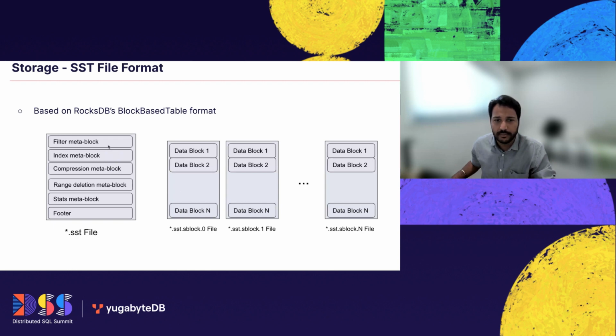You have a filter meta block, which holds your filter data. You have an index meta block, which is an index to all the entries in the data. You have a compression meta block, which holds information about what kind of compression algorithm is being used on these SST files. You have range deletion, some statistics, and some other metadata blocks on these SST files.